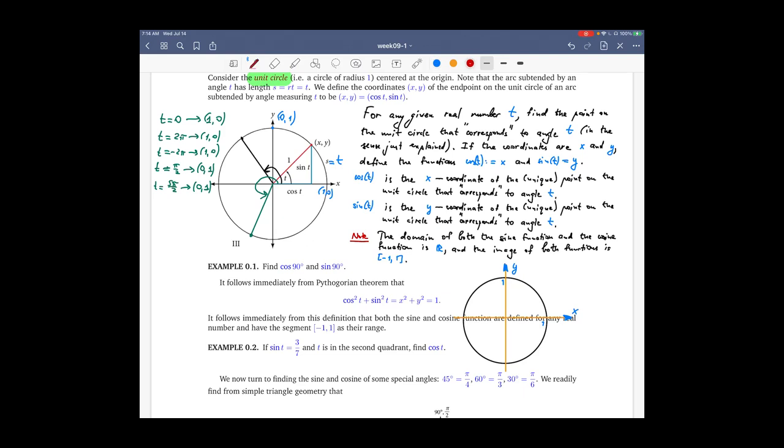So the initial side of the angle is on the x-axis, and the terminal side of this angle is on the y-axis, because the angle between the x-axis and the y-axis is 90 degrees.